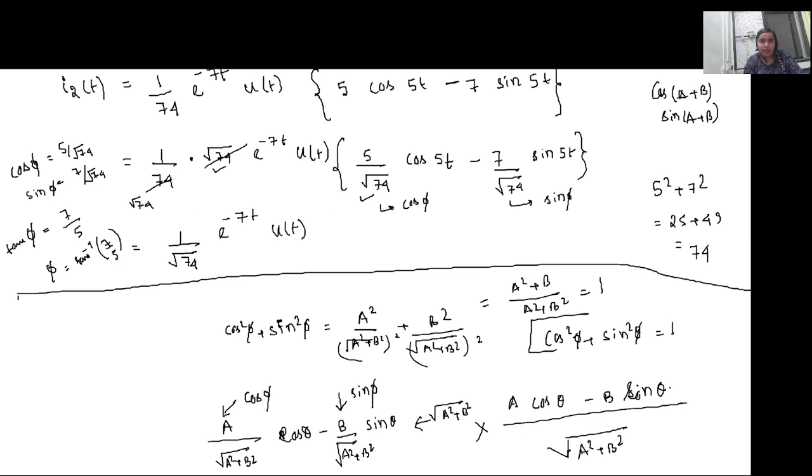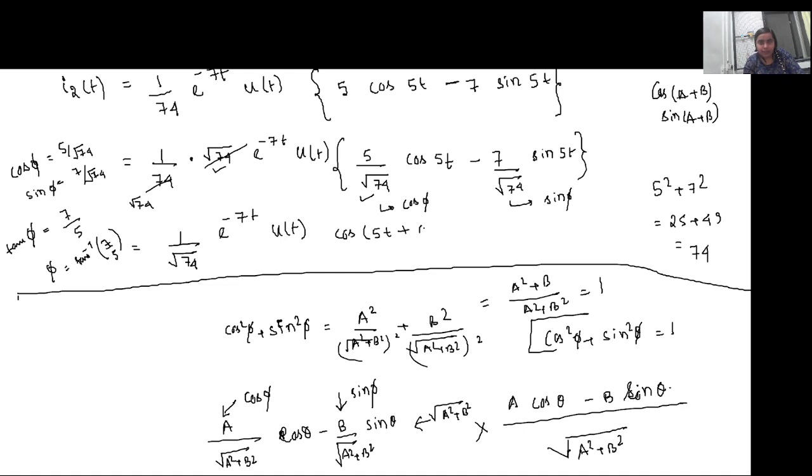Is this fine? So here we can write this in the form of cos c into cos d minus sin c into sin d. So we can write this in terms of cos of c plus d. In case of cos, it is plus.